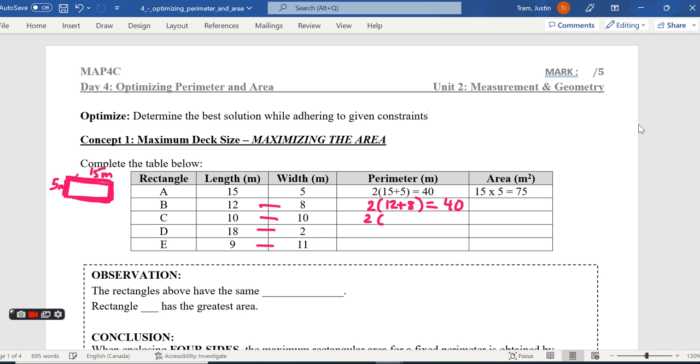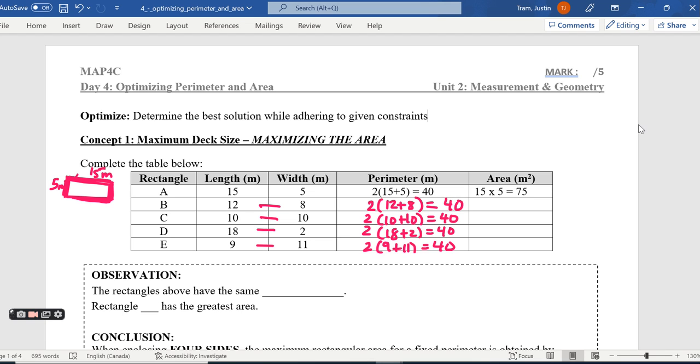Same thing here, 2 times 10 plus 10 will also give me 40. 2 times 18 plus 2 will also give me 40. And last but not least, 2 times 9 plus 11 will give me 40. So you can see here that all these rectangles from A to E have the same perimeter of 40 meters.